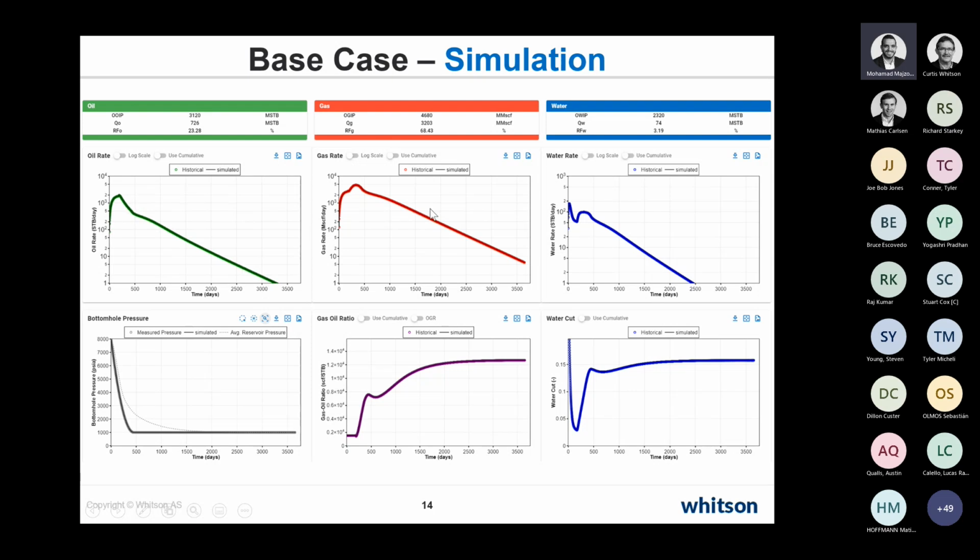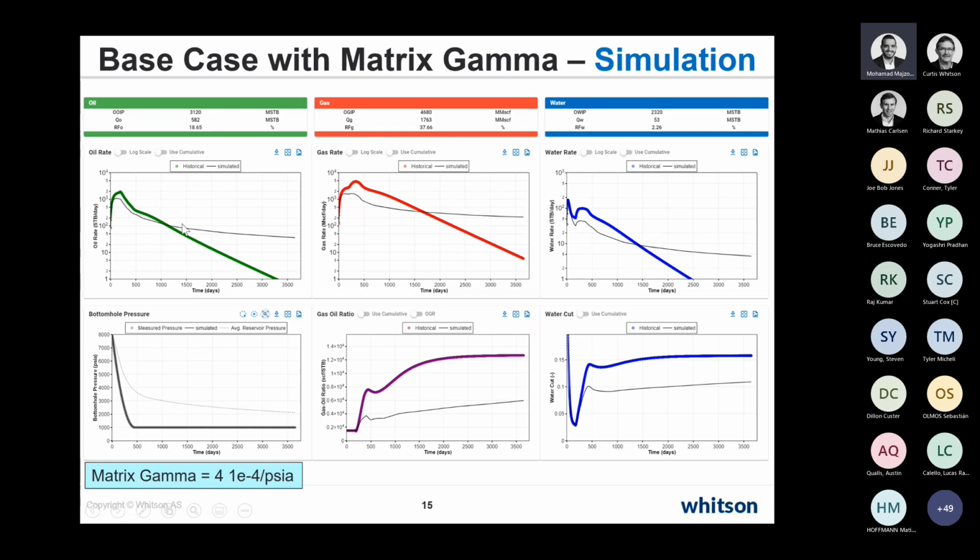So that's what we have here. And when we include the gamma, then we get this black curve, which includes pressure-dependent permeability. So green is no pressure-dependent permeability, black is with pressure-dependent permeability. Basically, the circles are without pressure-dependent permeability, and the black line is with pressure-dependent permeability.